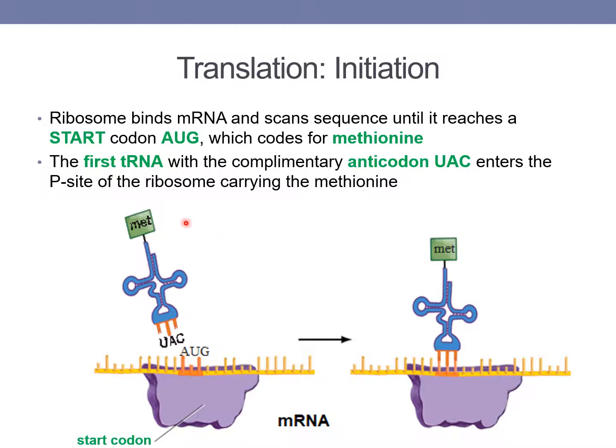So when the ribosome scans that sequence and reaches that AUG, or start codon, the transfer RNA is going to bring the methionine that this AUG codes for, and the transfer RNA is going to bind to this AUG, as you see here, as a double check for that methionine that corresponds to the AUG.